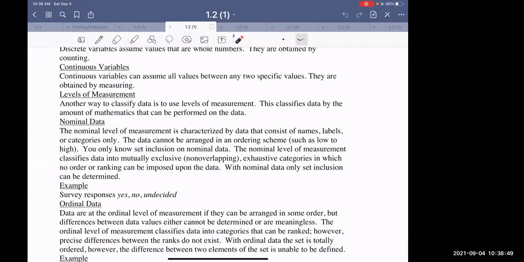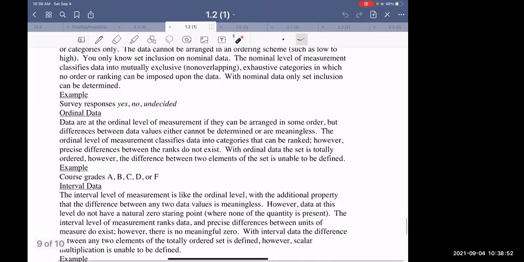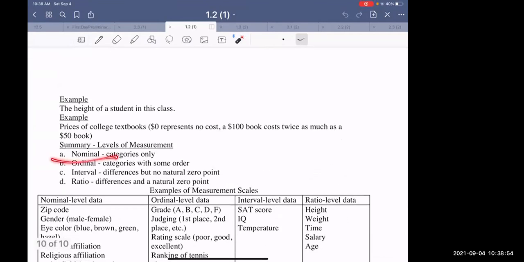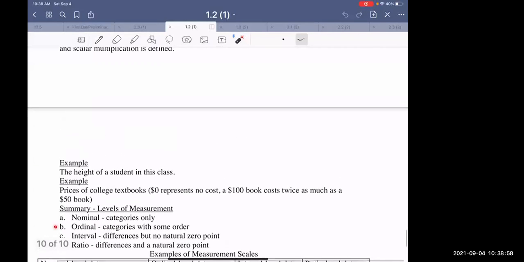Nominal, ordinal, interval, and ratio. And as we proceed, nominal is sort of the most basic. We then add something to nominal to get ordinal.